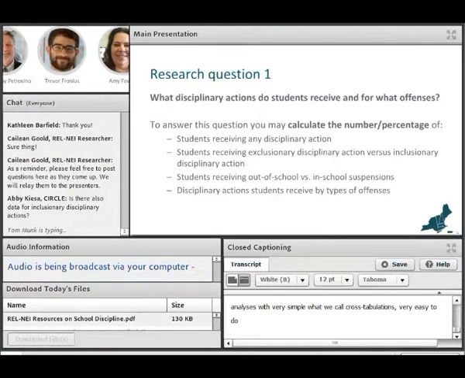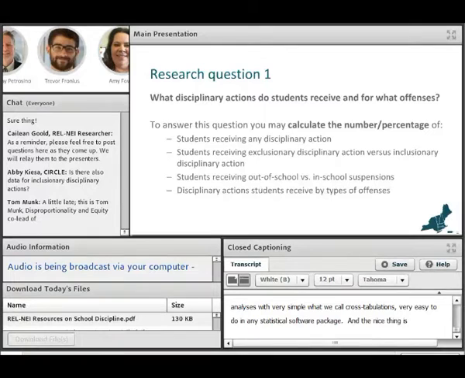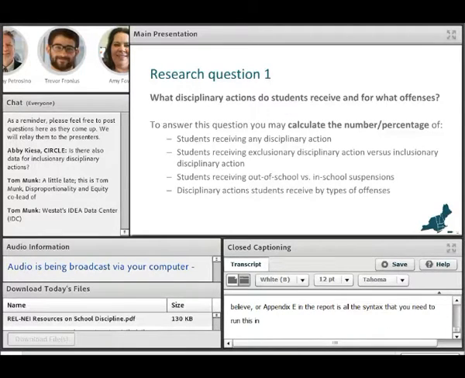And the nice thing is that Trevor and the team have put together the syntax for SPSS, in Appendix D, I believe, or Appendix E in the report. It's all the syntax that you would need to run this in SPSS, and it's pretty straightforward to use similar syntax in other software programs. So it's a nice part of the guide.